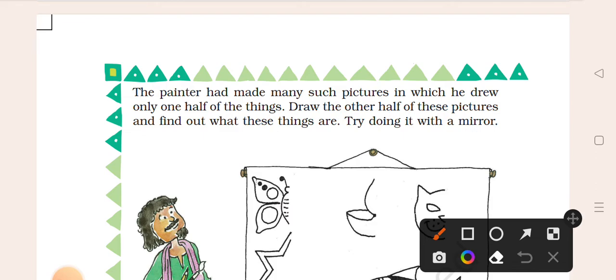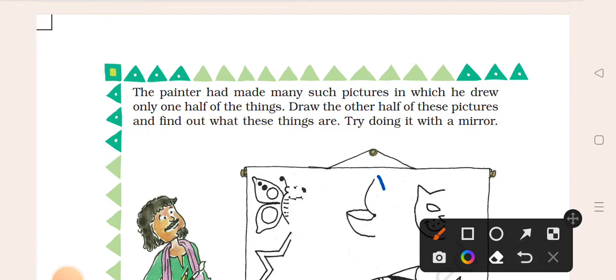The butterfly is half, so draw the other half the same as it is. I will tell you how to draw. It will look like this. This is her body, and the antenna and her wings.